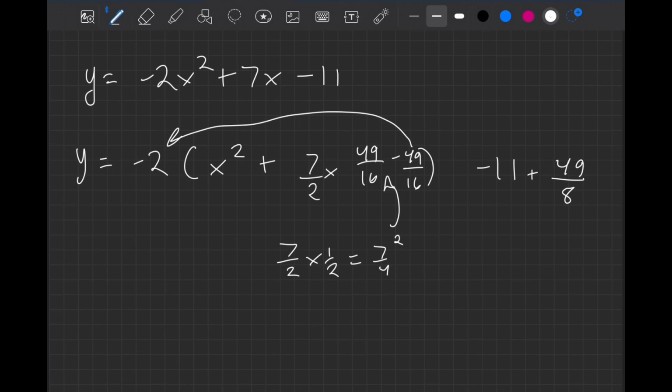So then from there, what we are going to do is write y equals -2, whatever the middle term is, divided by 2. So x plus 7 over 4.